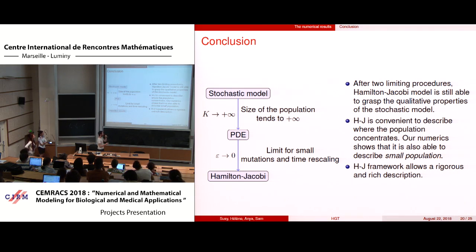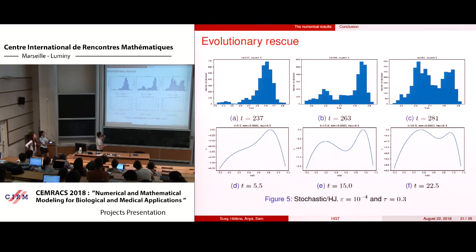And so these numerics we showed you open paths to a lot of things. So just to sum up, these are plots on the stochastic level, of the population at 3 chosen times.